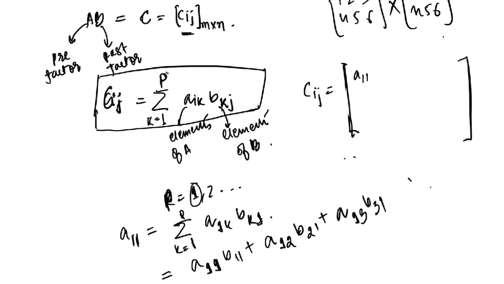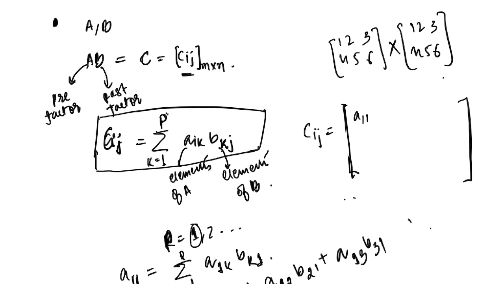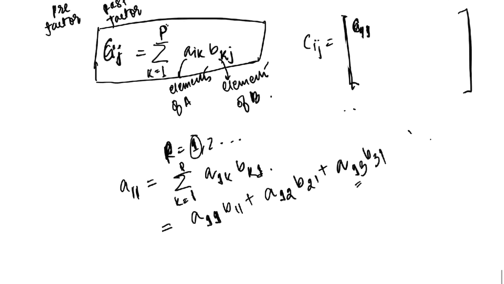Consider this as A, this as B, and this will be c11. Now do you have more than a13? This is a11, a12, a13. So p is basically 3 here, so you're going to stop here.